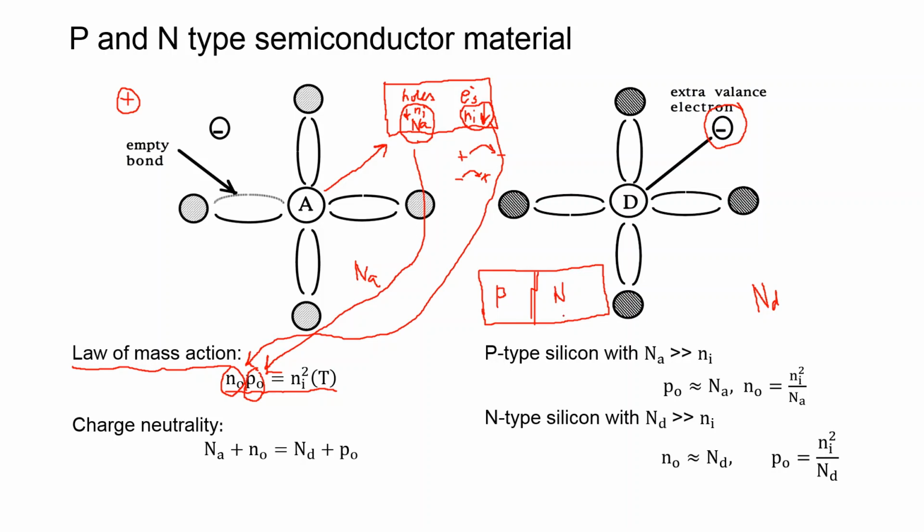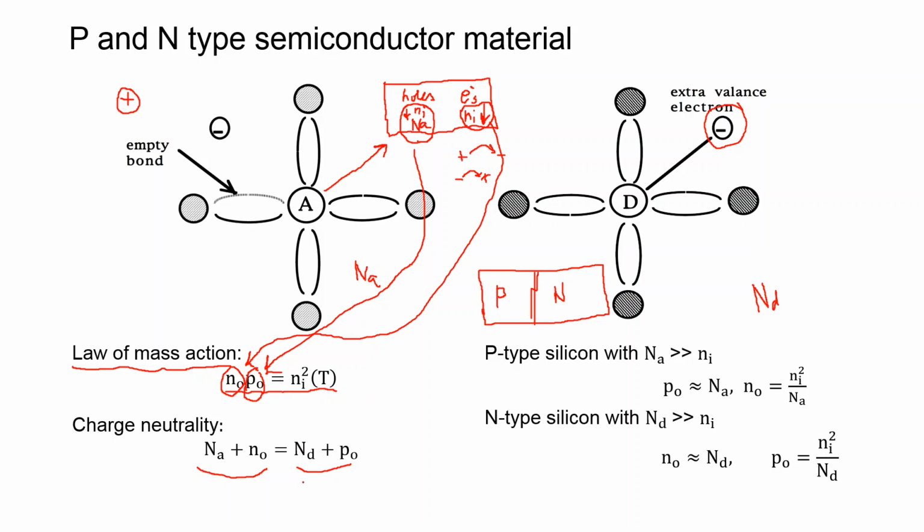This will be 0 because we have not added any extra charge. Any charges that are arising are from the same atoms which were electrically neutral. So the net charge will be 0. Therefore the charge neutrality says that the total number of negative charge will be equal to the total number of positive charge in a medium.